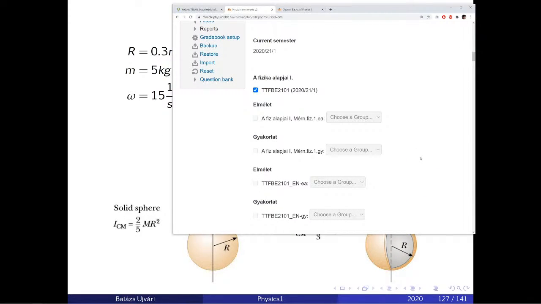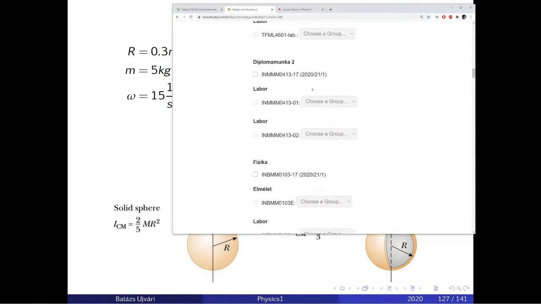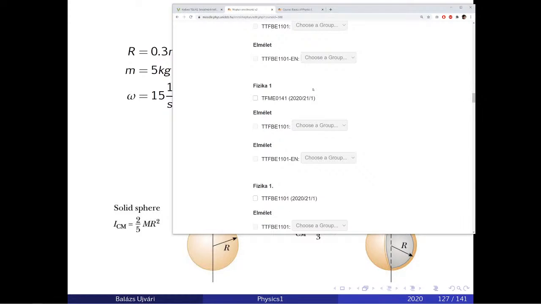All right. Can you double check, can you write the Neptune course code of this Basics of Physics? Because I've chosen this one and perhaps it's not yours. This is for informatics students.